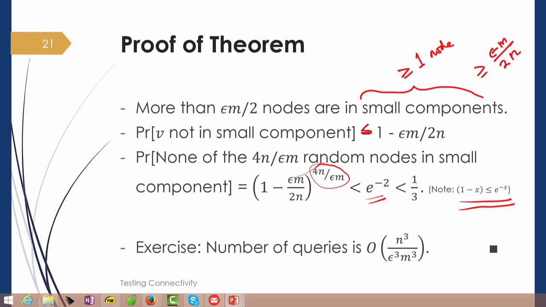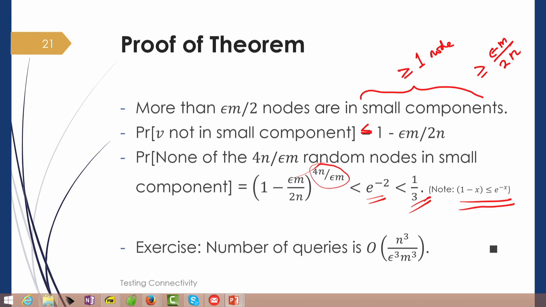It is easy to see that e to the minus 2, with e being something like 2.71, is less than 1/3, which is the probability that all our random vertex probes landed in large components, not in small components. This is an upper bound on the probability that we missed all the small components, all 4n over epsilon m times.